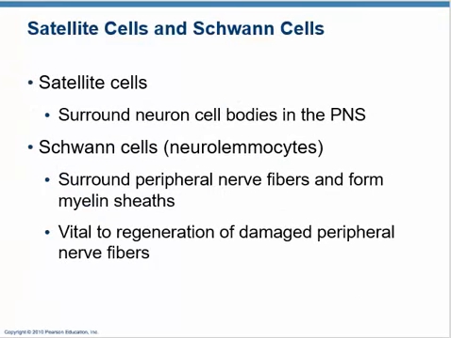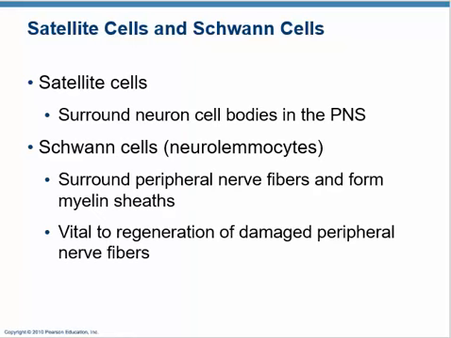Now, in the peripheral nervous system, we have satellite cells and Schwann cells. And they basically act like oligodendrocytes in that they surround and separate and protect the cells of the peripheral nervous system. Satellite cells surround any cell bodies that are found peripherally. The Schwann cells surround any axons, any of the fibers, and they form a myelin sheath.